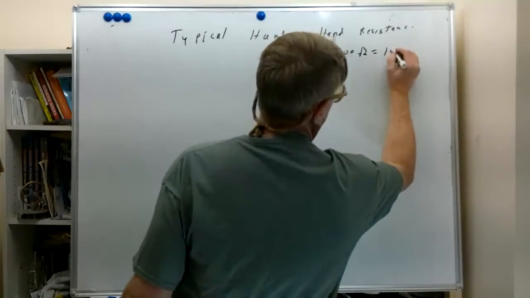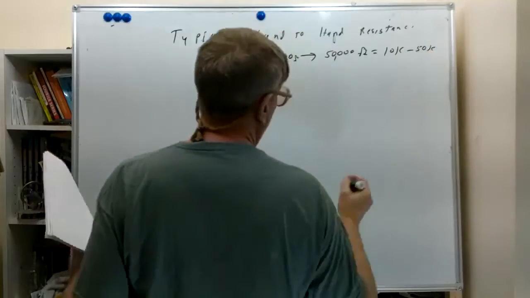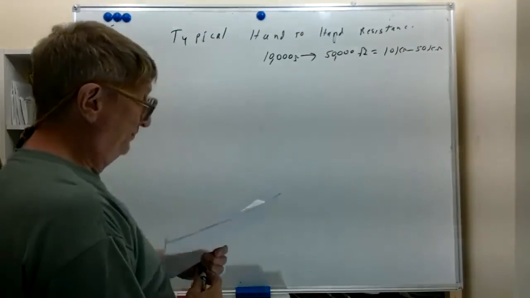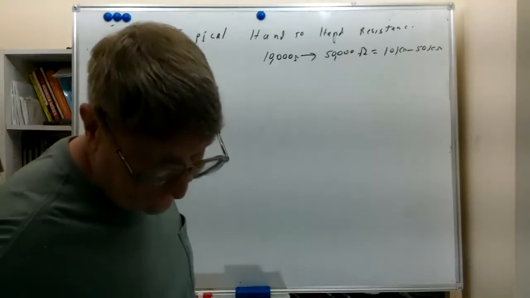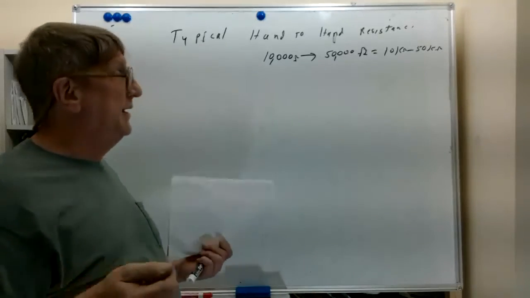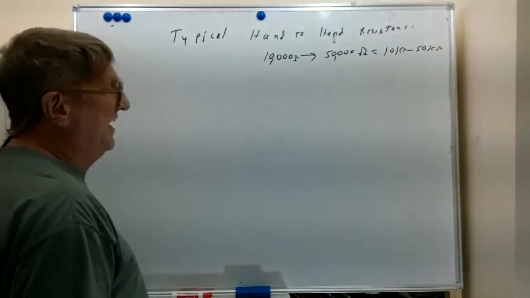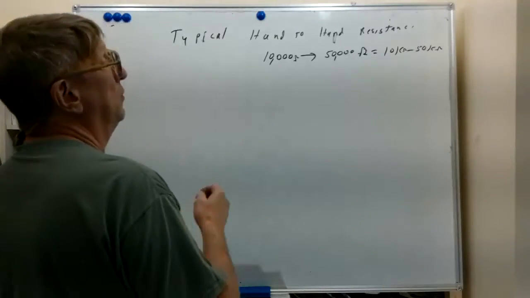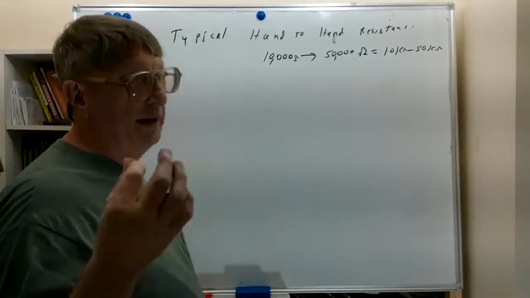Or we could say that's 10K to 50K ohms. So the current that flows through your body is really going to depend on the voltage and how good a connection you get, and what your body resistance is, which is mostly related to your skin resistance.